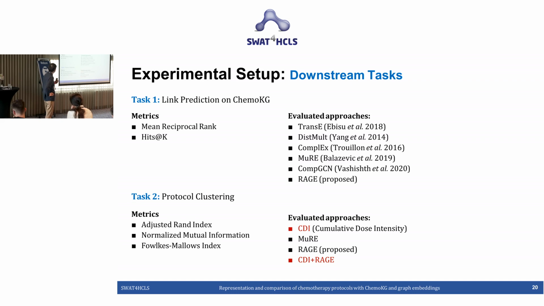For task 2, protocol clustering, we use metrics like ARI, NMI, FMI, etc. We evaluated these approaches with CDI, which I mentioned before, the model MuRE, our model, and the combination of CDI and our model.